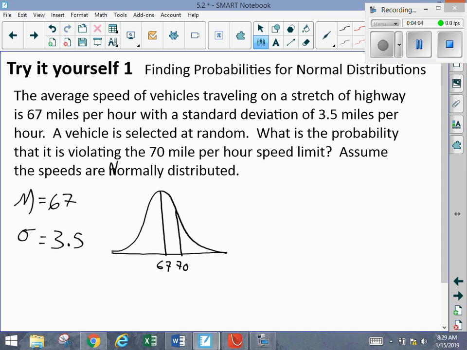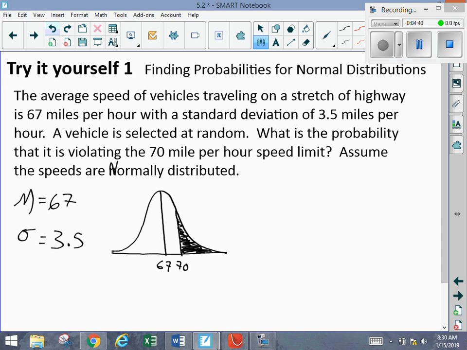What we need to find is that shaded region. The area of that shaded region is the same as the probability. Oh, my bad. If they're violating the speed limit, they're going above 70 miles per hour, not below, so we're actually looking at that shaded region. Apologies.